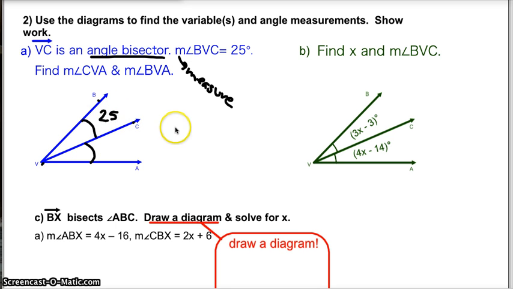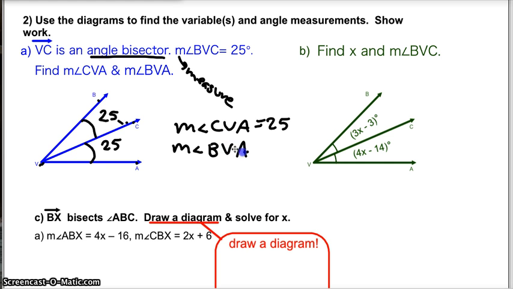It's asking you to find the measure of angle CVA. CVA is right here. Because of the word angle bisector, they have to be equal. Now it's asking you to find the measure of angle BVA. BVA is this entire angle, so using the angle addition postulate, a part plus a part is the whole.